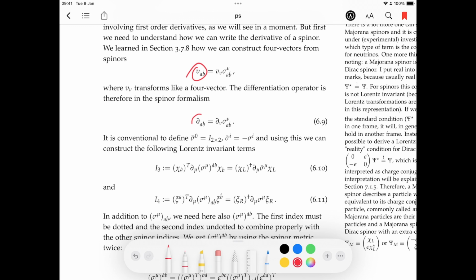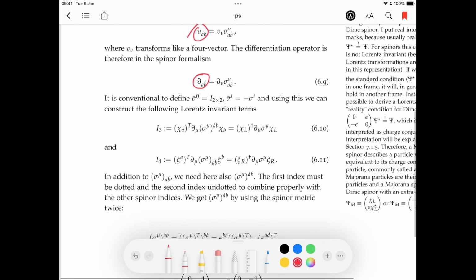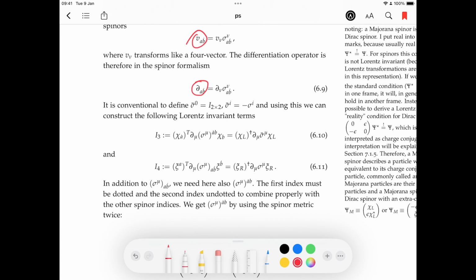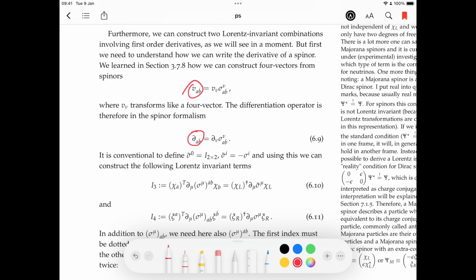In the same way for the derivative, we have the same 2 indices here. Because 4-vectors have that form, this formula could also be understood from the way you can understand the SL(2,C) Lie algebra. The SL(2,C) Lie algebra is formed by 2 by 2 matrices.